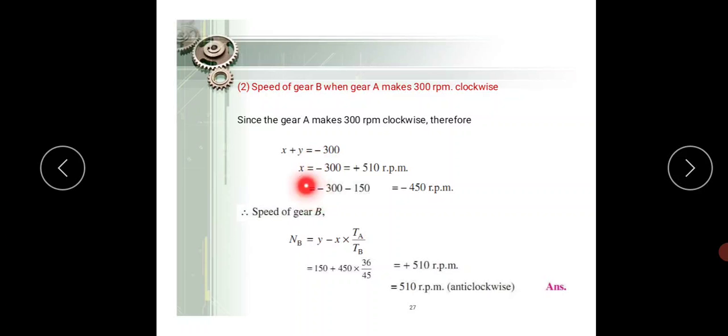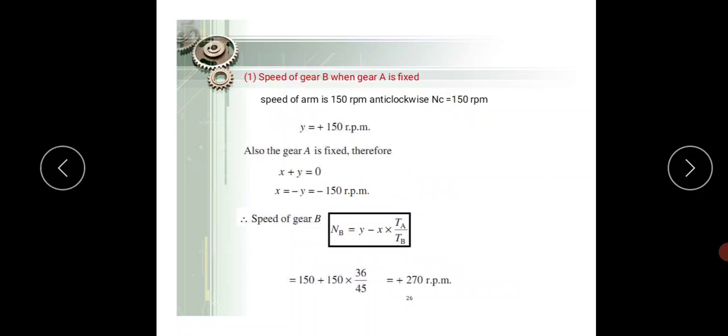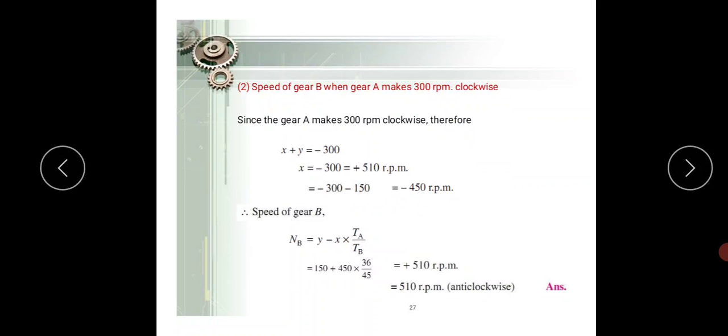The y value is 150, so x equals minus 300 minus 150, which is minus 450 rpm.